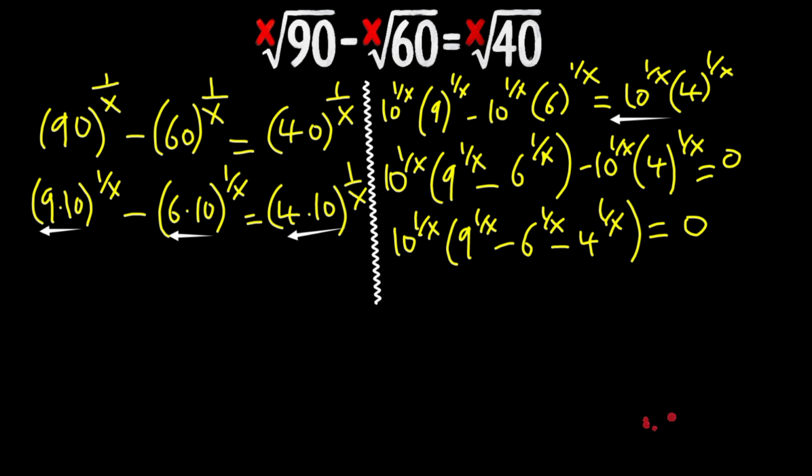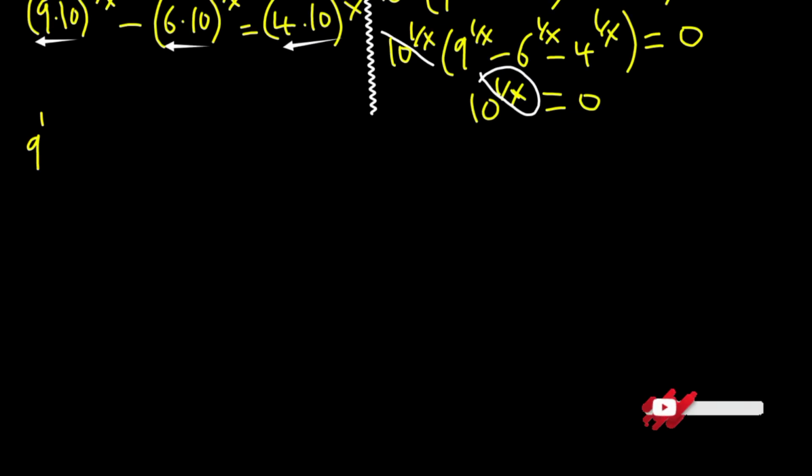And now, if you look at this, 10 to the power of 1 over x equals 0 is not valid. Why? Because 10 to the power of any real number can never give us 0.